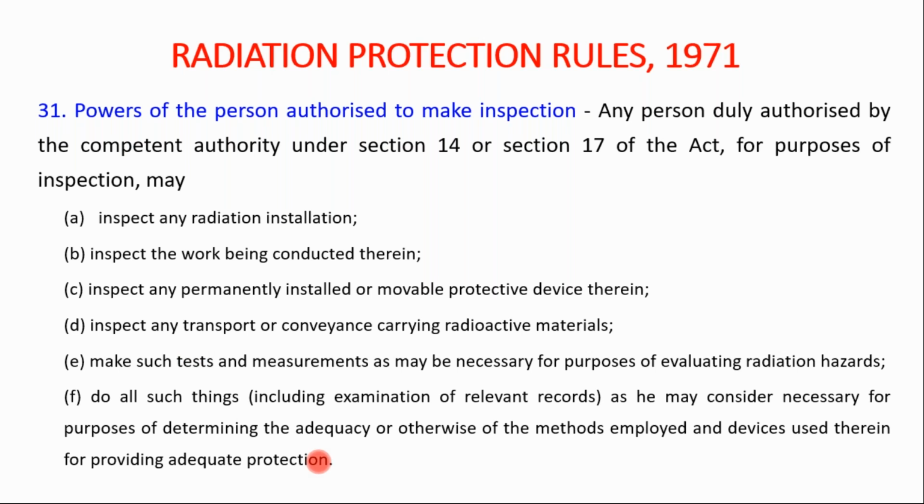So inspection may be for the radiation installation, for the activities conducted in that area, or for the protective devices, which may be fixed devices, movable devices, or personal protective devices also. And for transporting activities, for movable items, if you are going to handle or carry some radioactive sources, contamination, waste, etc.